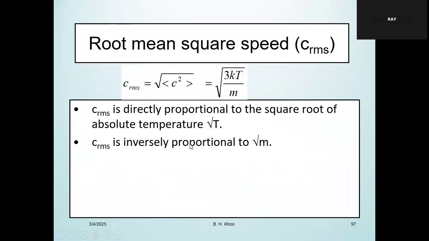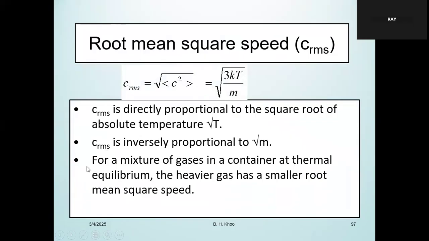Root mean square speed is inversely proportional to the mass. For a mixture of gases in a container at thermal equilibrium, the gases are all at the same temperature. The heavier gas has a smaller root mean square speed. Right? That's what it means. Heavier, root mean square speed smaller.